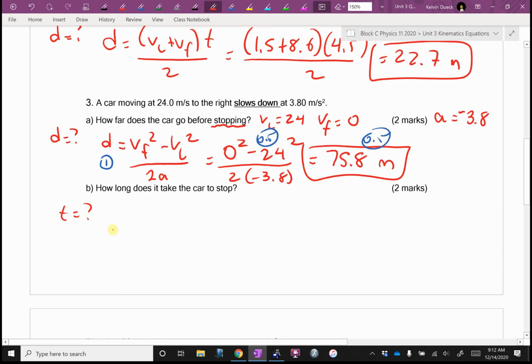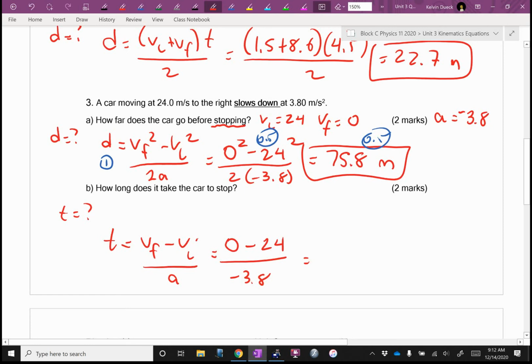I think I'm going to use T equals VF minus VI over A. I could use D equals VIT plus a half AT squared, I guess, and use my distance answer. I could use my answer from A, but I'll avoid it because this equation is cleaner anyways. It's going to be 0 minus 24 all over negative 3.8.